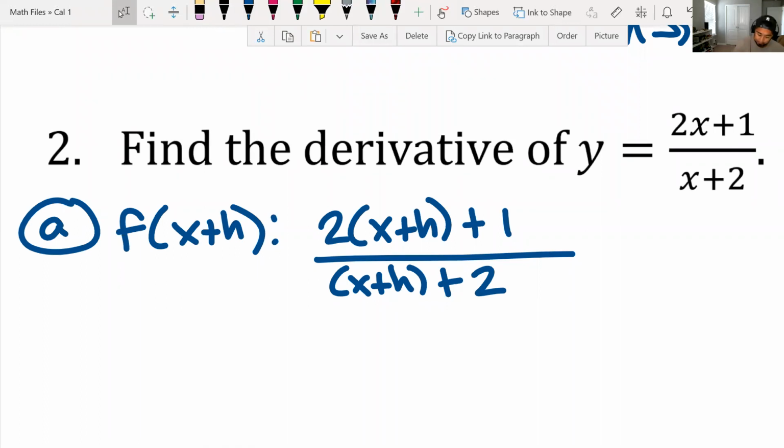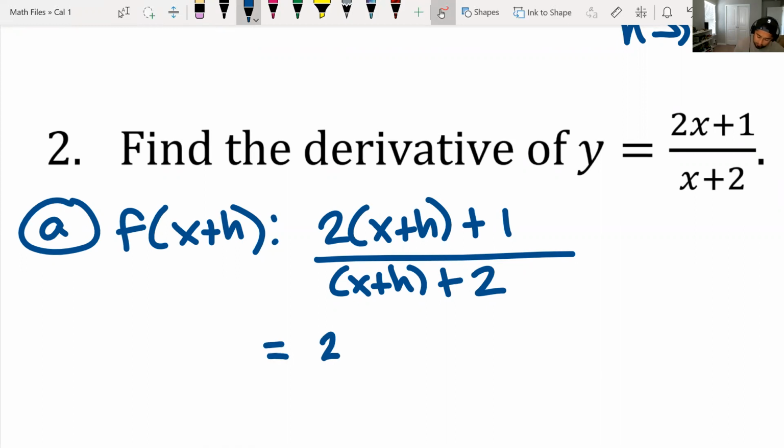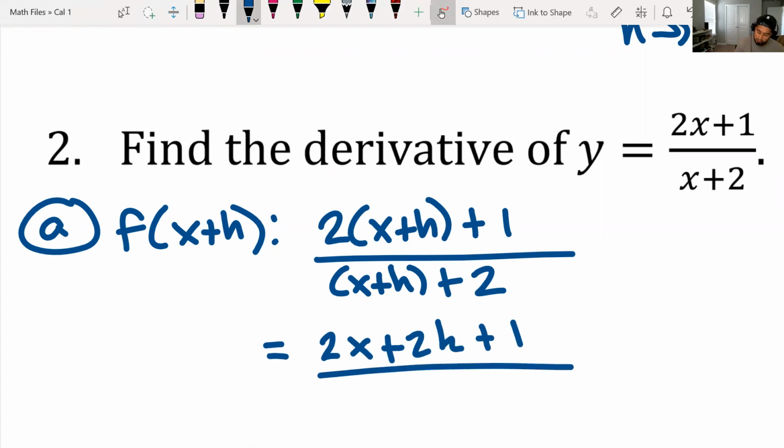Distribute the 2. We get 2x plus 2h plus 1 over x plus h plus 2. Done. That is step A. We can't go anywhere else. We can't do anything. So it's done.